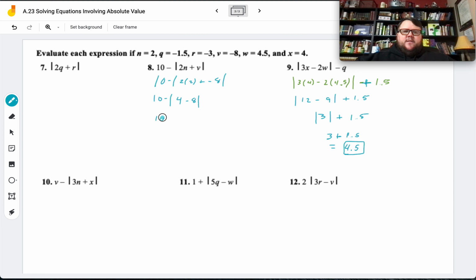So 10 minus absolute value of 4 minus 8, which is negative 4. The absolute value of negative 4 is just 4. So 10 minus 4 is 6.